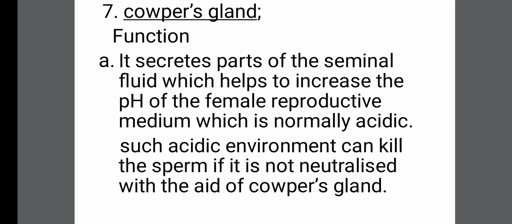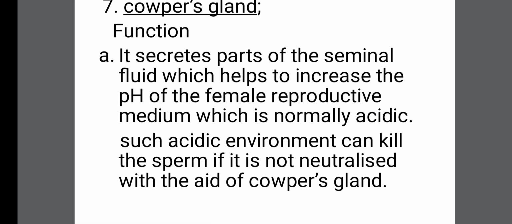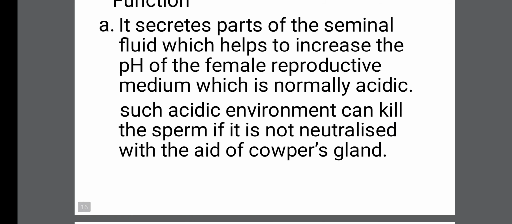I want you to know now that the female reproductive medium is normally acidic. So the Cowper's gland during sexual intercourse makes the pH of the female reproductive medium, that is the vagina, alkaline. When it's alkaline, it allows sperm to flow freely.